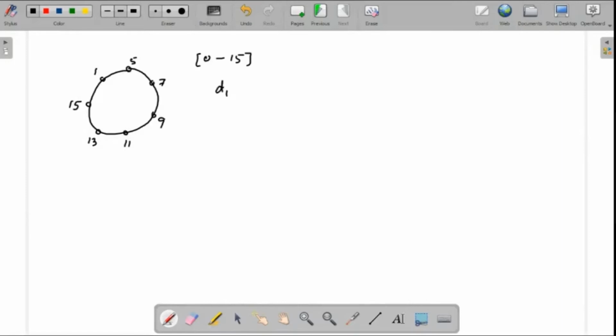As I told you, the distance Dij from i to j will be given as j minus i plus 2 raised power 4, mod 2 raised power 4, for our example.